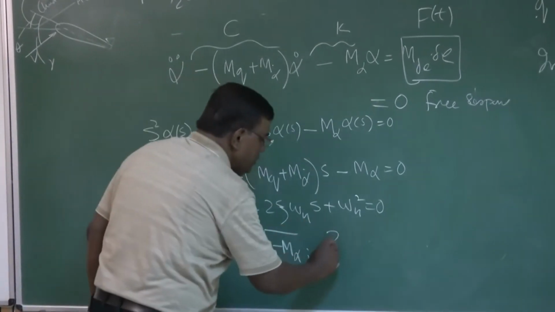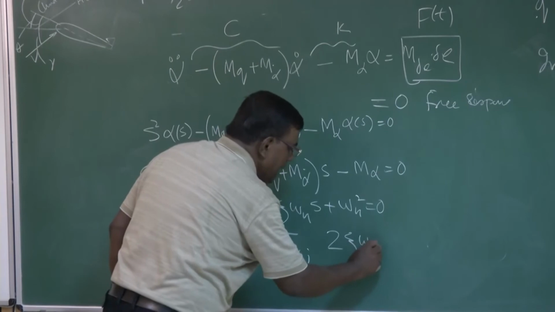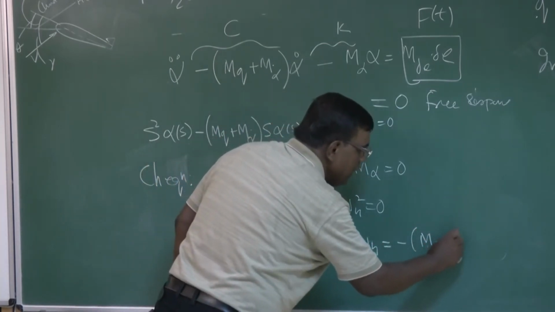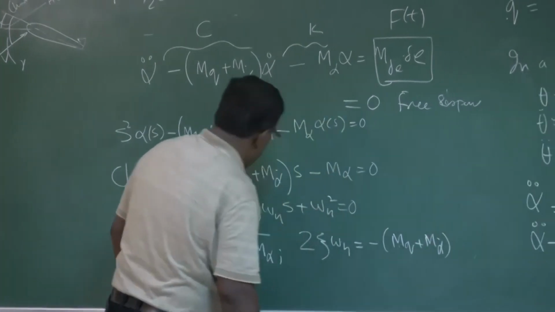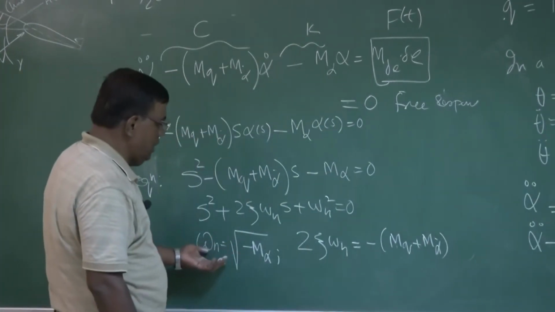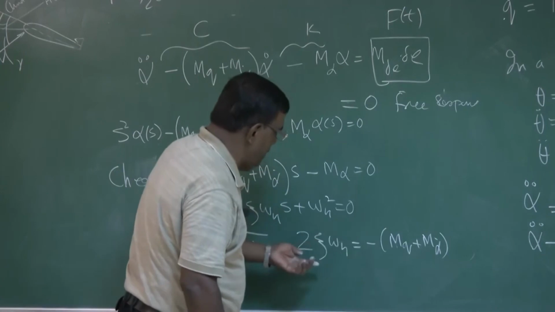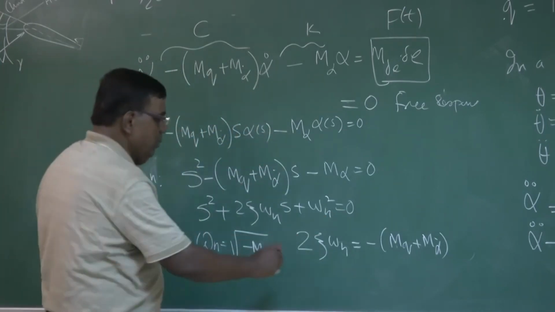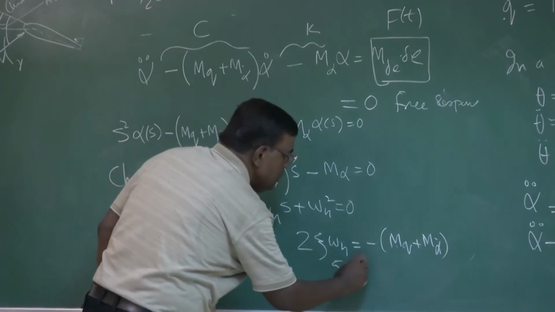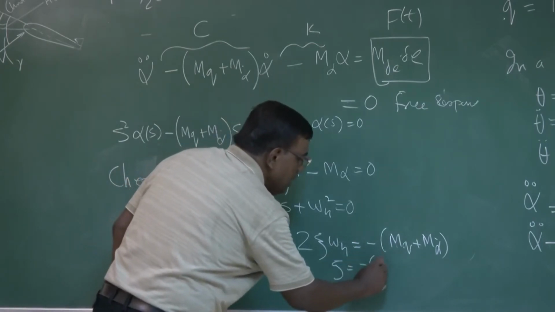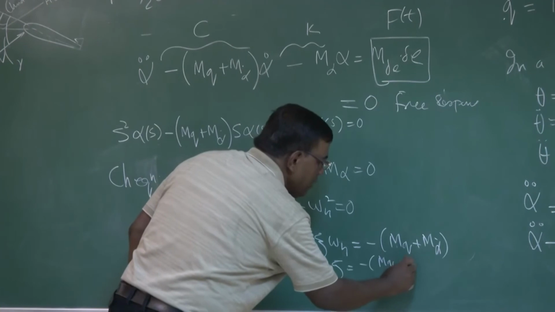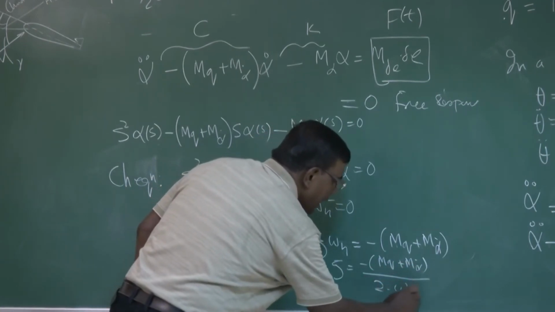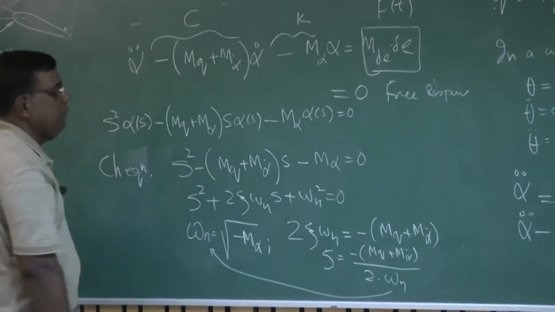I'll find like this: 2 zeta omega n equal to minus (mq plus m alpha dot). Right? So if I put the omega n value here and 2 goes down, I can find out zeta. So zeta will be minus (mq plus m alpha dot) divided by 2 into omega n, and omega n I can use this expression.